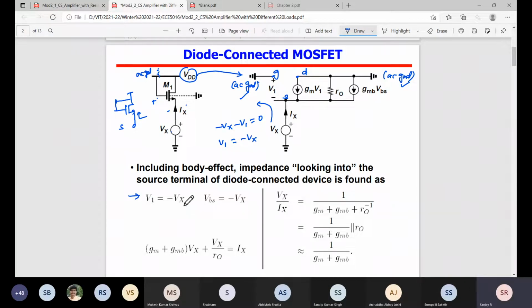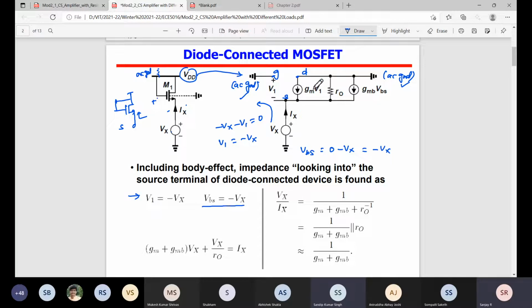Similarly, body to source, VBS. Let me write here VBS. What is body voltage? 0. What is source voltage? Vx. So VBS equal to minus Vx. So what you found? VBS equal to minus Vx.